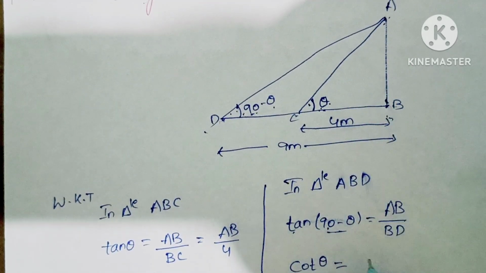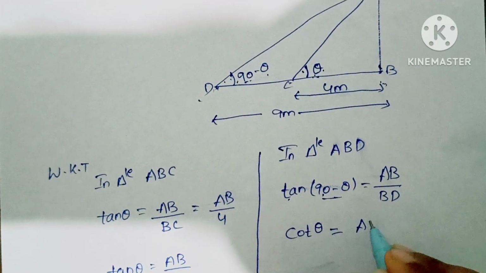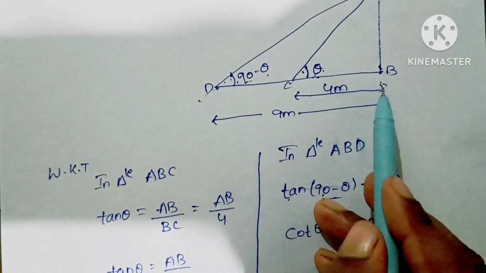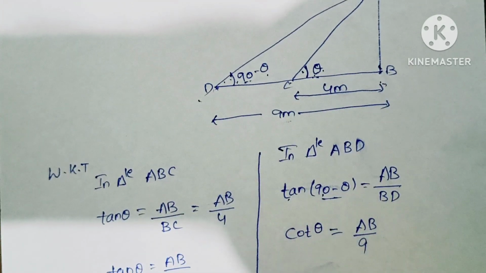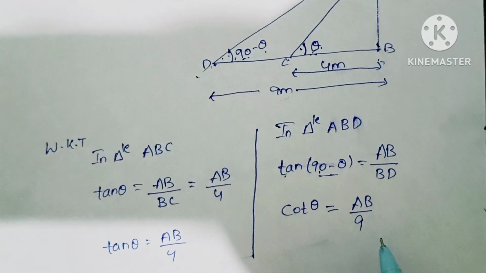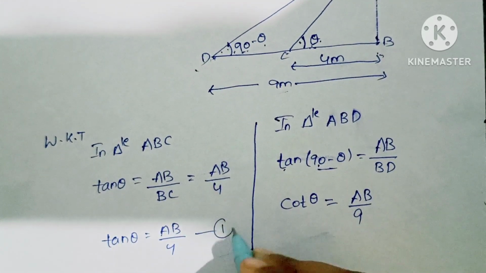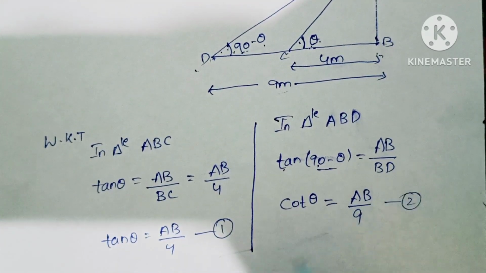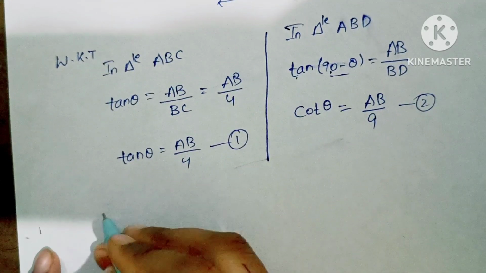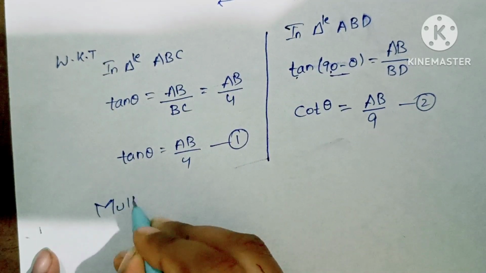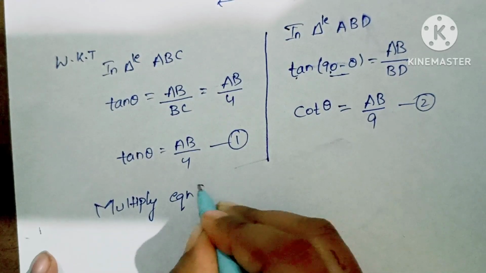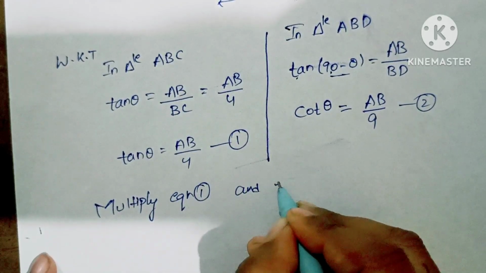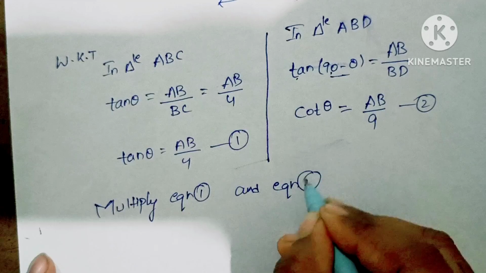Now AB by BD, the total length, is 9, so cot theta is AB by 9. Keep it as equation 1 and equation 2. Now multiply equation 1 and equation 2.